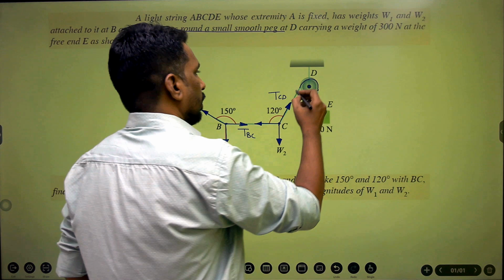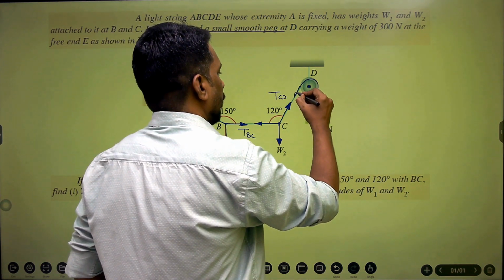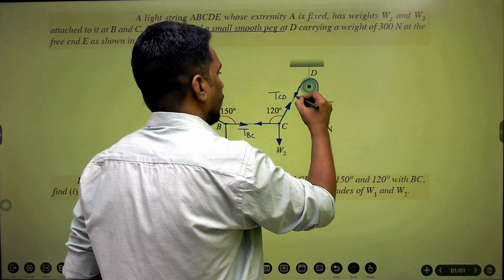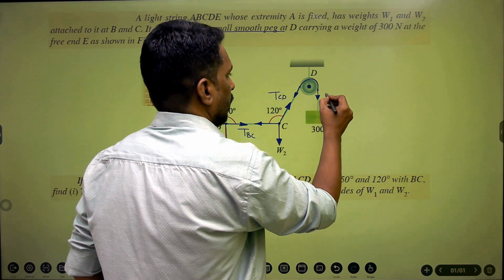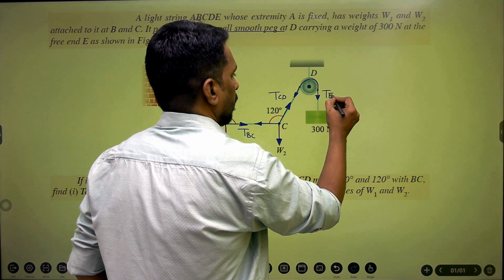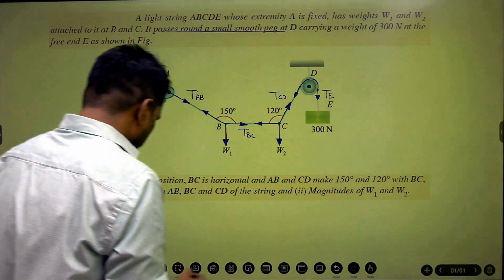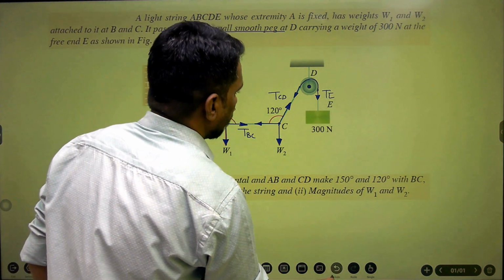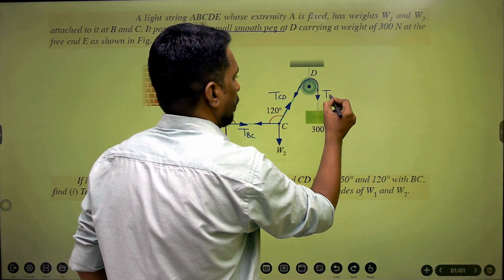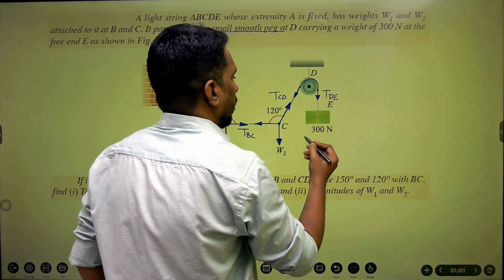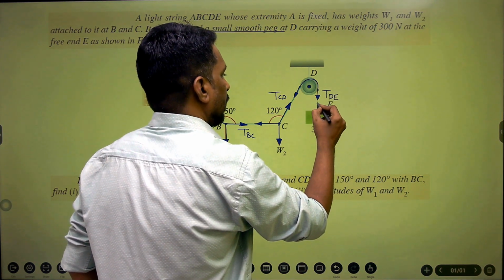So here, if I consider D, the tension getting away from here is CD, and on this side the tension is DE. Just a minute, because this cable segment is DE, and that is equal to 300 only.